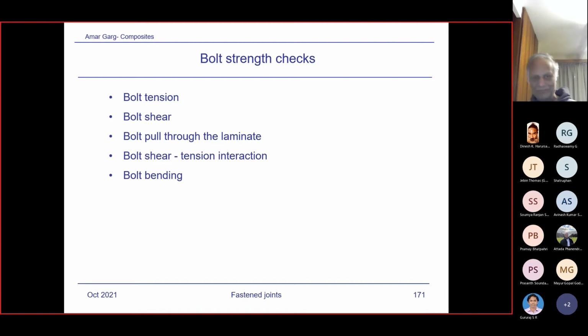You don't design joints to have out-of-plane loads, but you may have some small out-of-plane loads, which you have to consider so the failure doesn't occur by pull through, because all the joints you design are for shear.